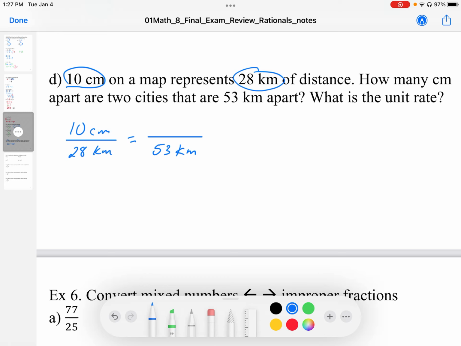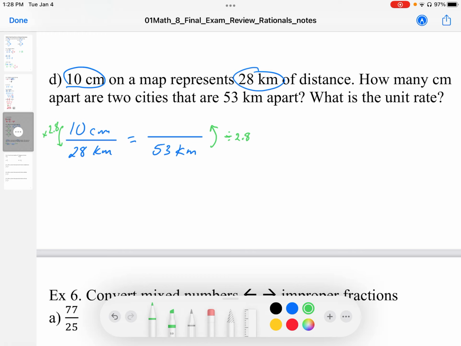So there are lots of different ways I can do this. In this case, I can find a multiplier going from top to bottom. So 28 divided by 10 is 2.8. That's not a bad multiplier, so I'm just going to use that and go in the other direction. If I'm multiplying going down, I have to divide going up.